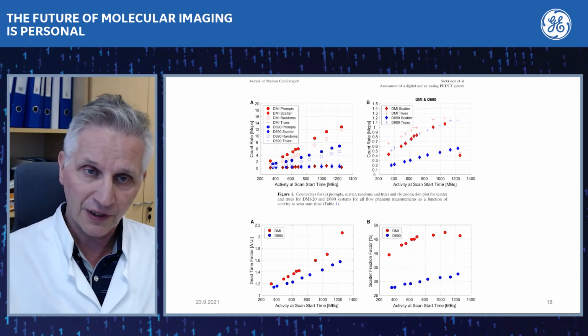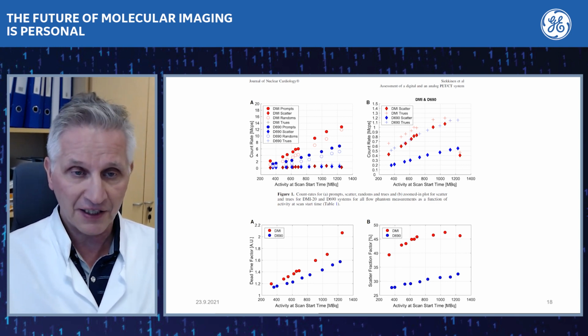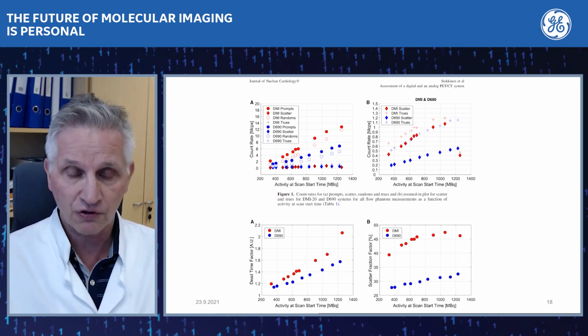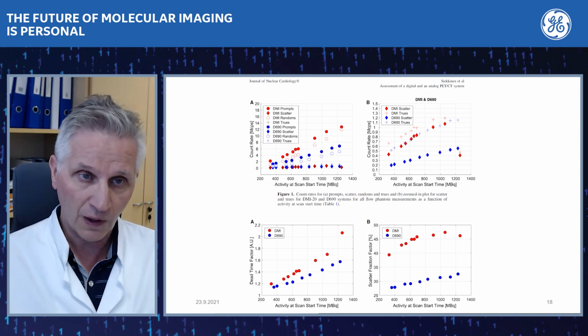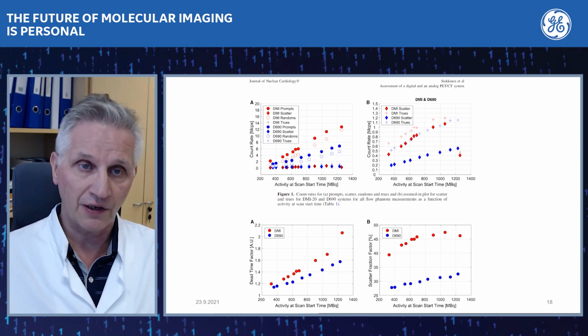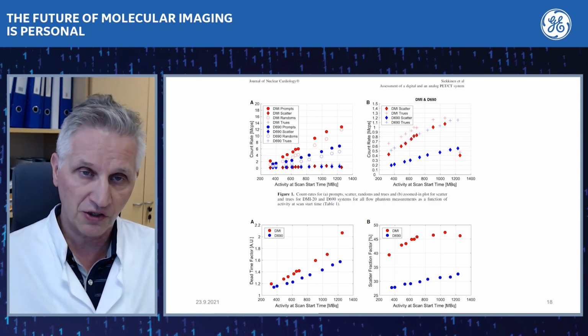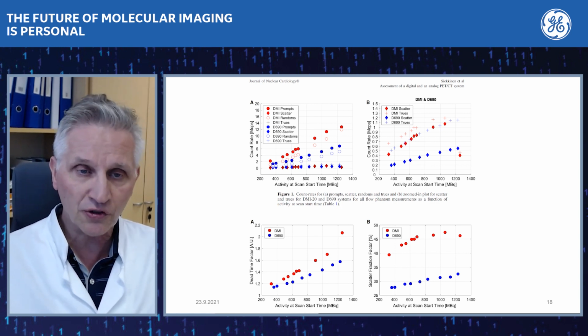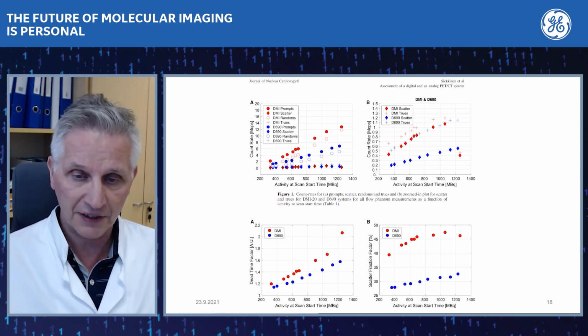And what we learned, not surprisingly of course, is that when we use different activity levels, we found a much higher count rate in the fully digital PET scanner versus the analog one. And here we compare the DMI and D690 scanners. Here in the left upper panel you will see the red dots versus the blue dots. It's much more counts with a certain level of radioactivity.